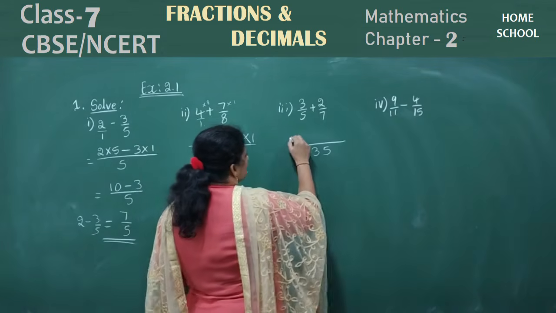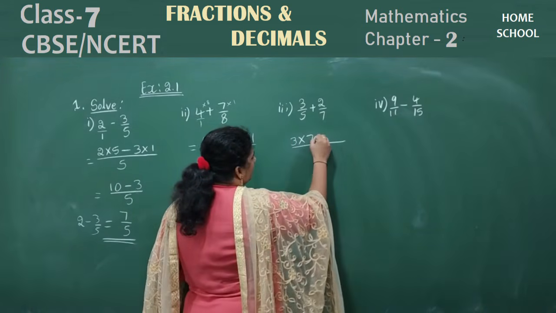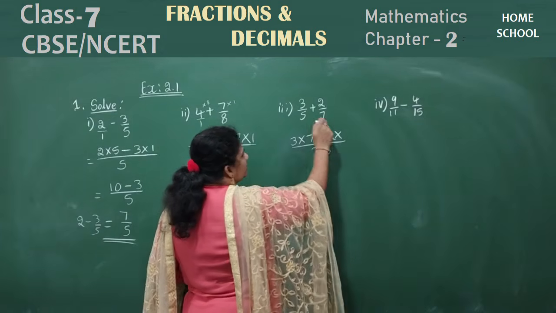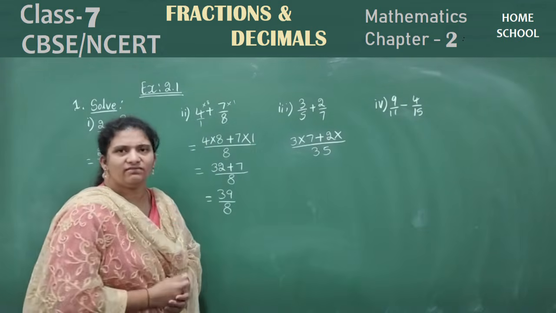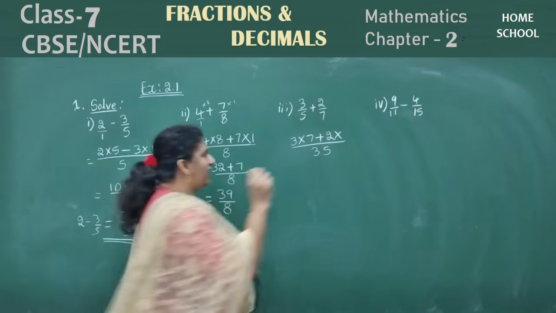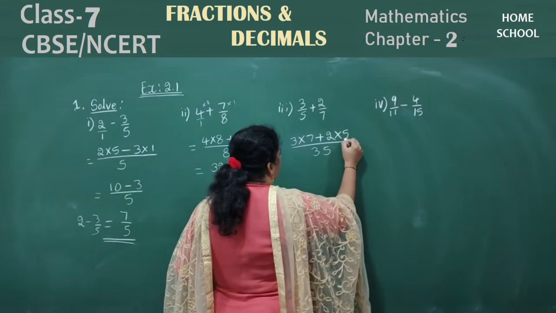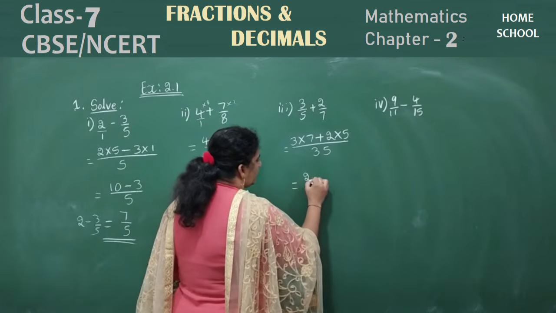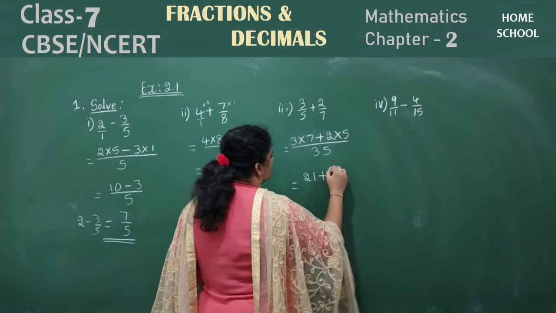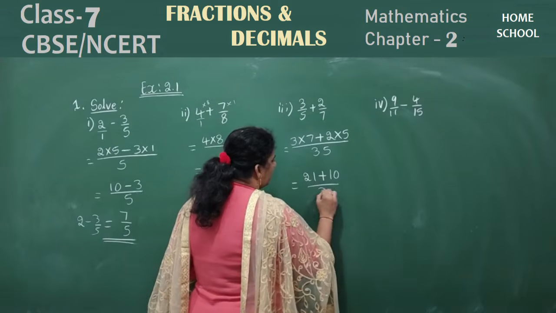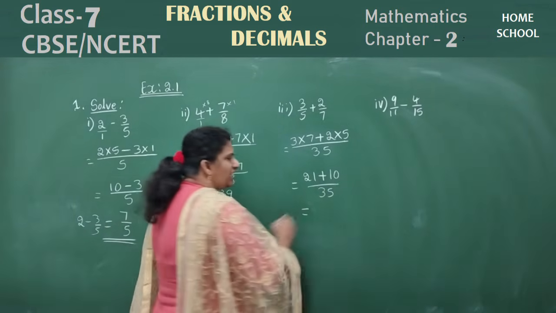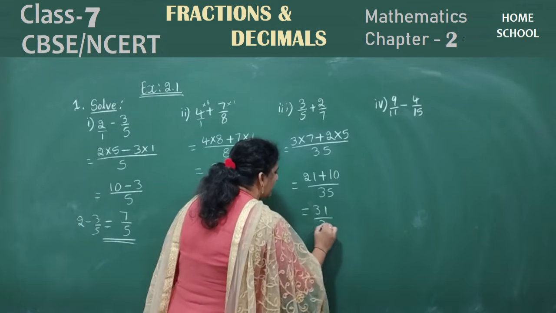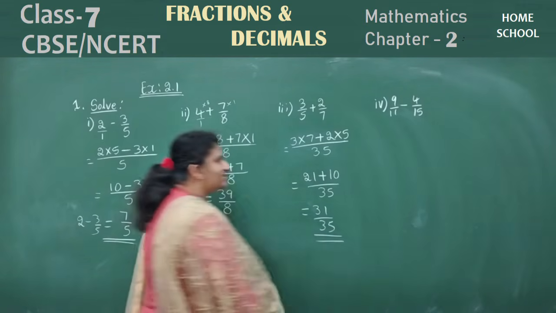So multiply 7 for the numerator, plus you have plus sign, 2 into, in the 7 table where you get 35, 7 5s are 35, right? So 2 into 5. Now write here, 3 7s are 21, 2 5s are 10 by 35. 21 plus 10 is how much? 31 by 35 is your answer.